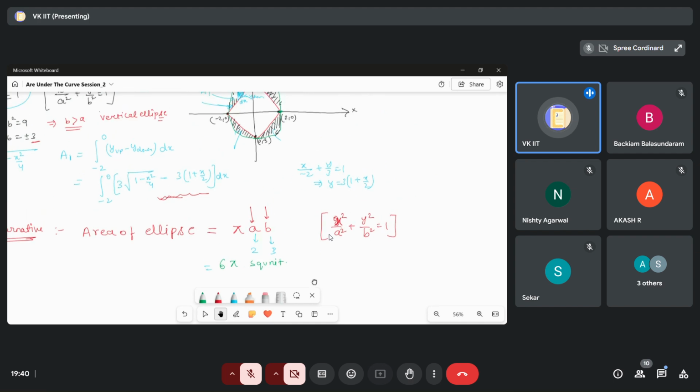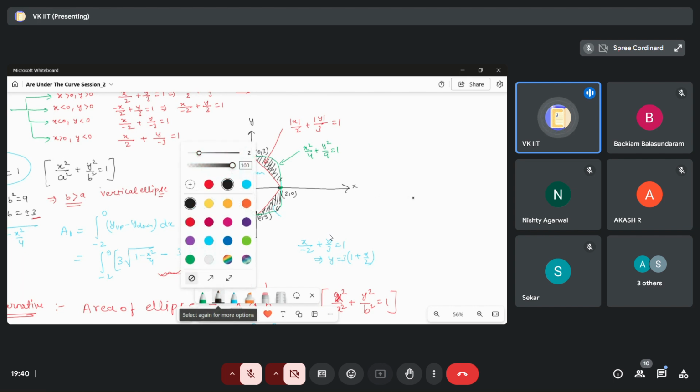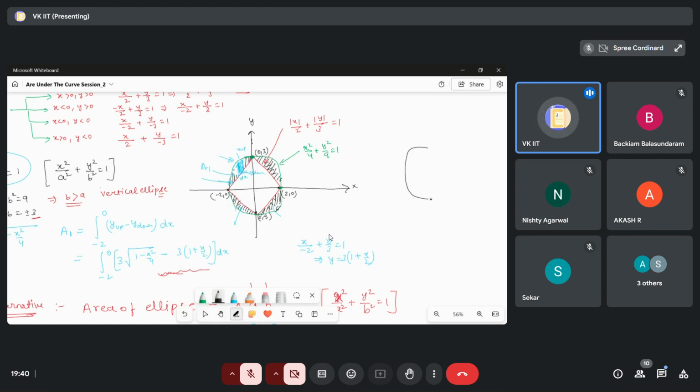So how will we calculate? We will first find out the area of the ellipse and then we will find out the area of 4 triangles. You can see this is the ellipse, and these are the 4 triangles you get if I join the points. The base is given as 2, and this is also given as 3.